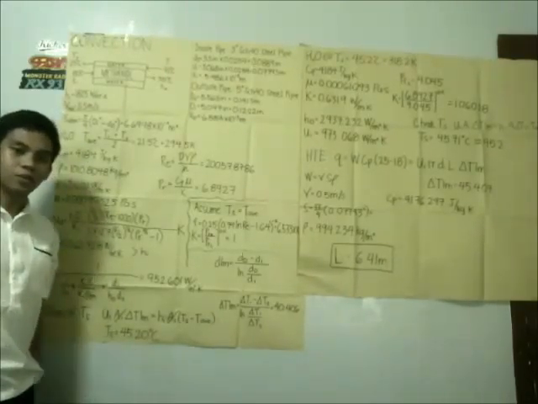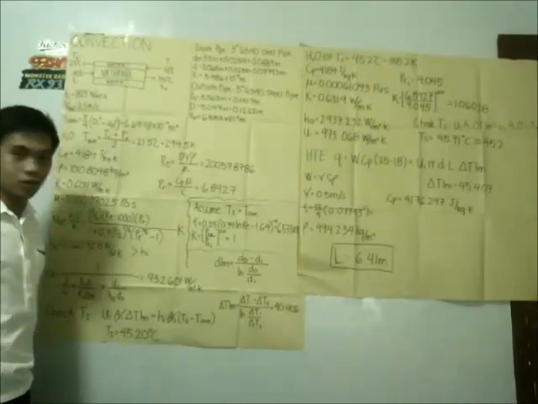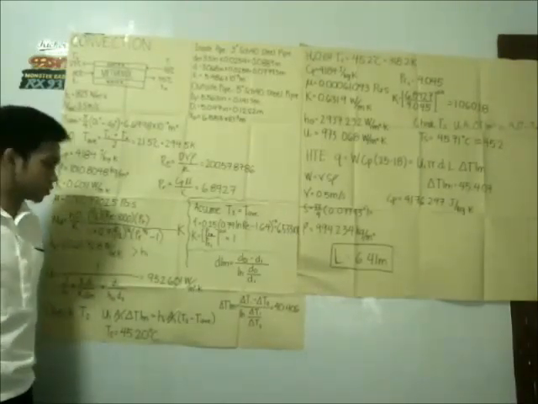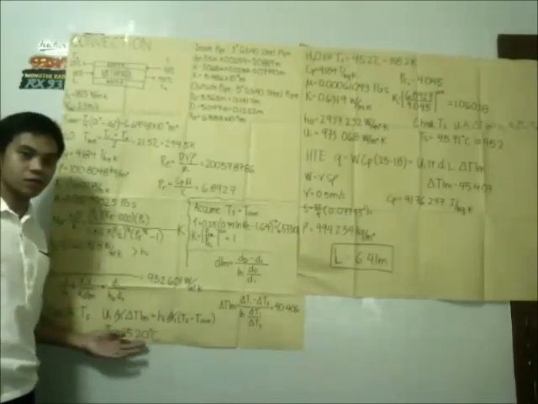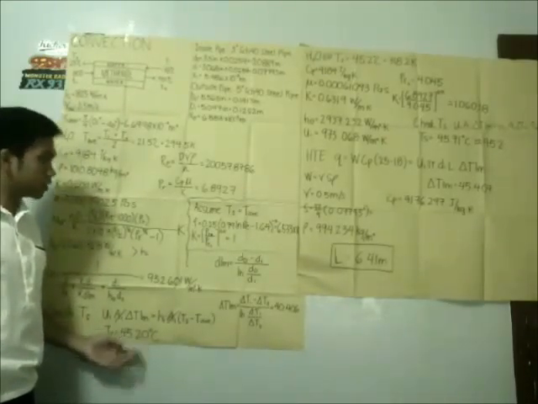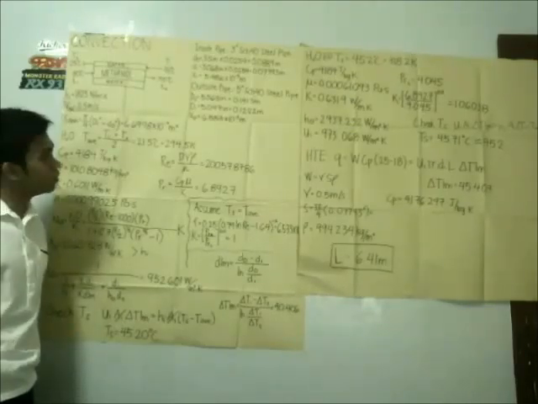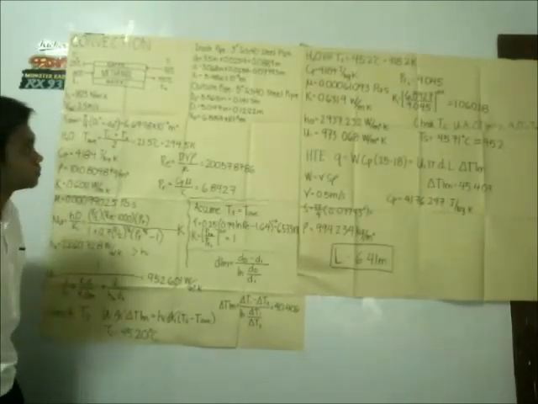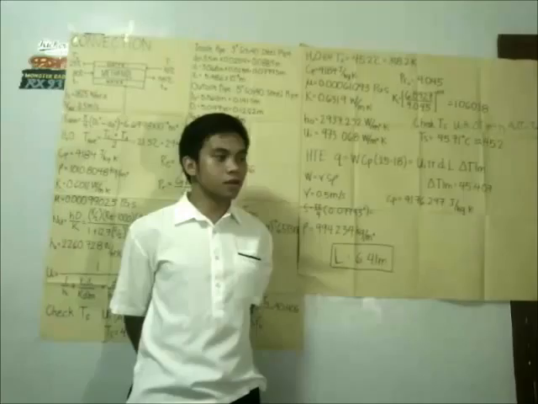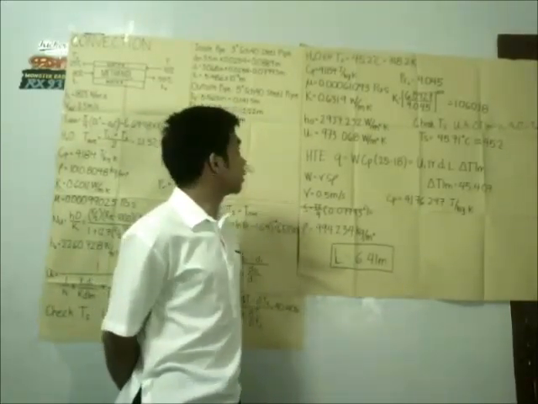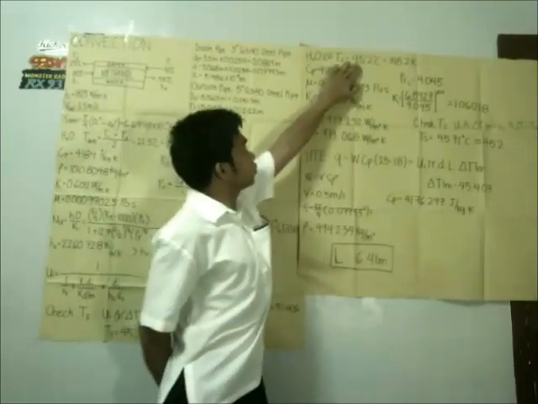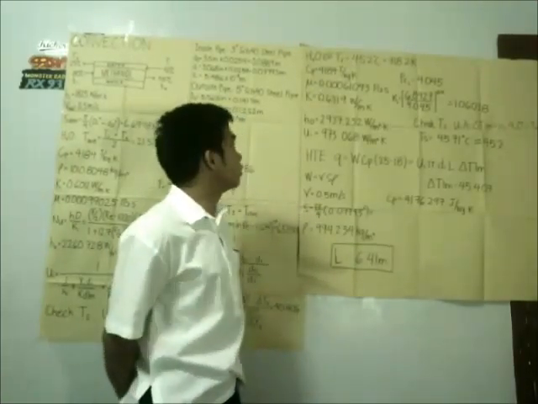This calculated temperature is found to be greater than the assumed temperature, so we must check if this value is near the real surface temperature. In order to check the surface temperature again, we must find the parameters of water at 45.2 degrees Celsius.